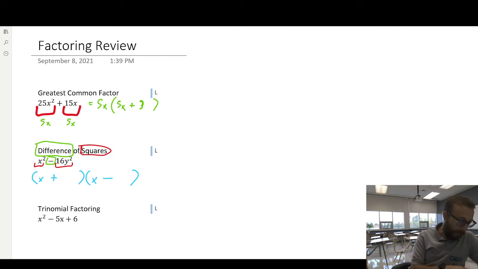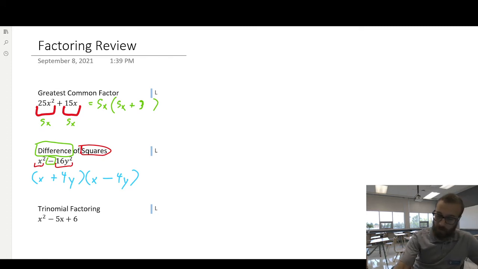Then you're going to have a positive and a negative value for the next set. So negative 16 or minus 16y squared. So what times itself is 16? Well, 4 times 4. And what times itself is y squared? Well, just y. And that is how you get the factored version of a difference of squares.